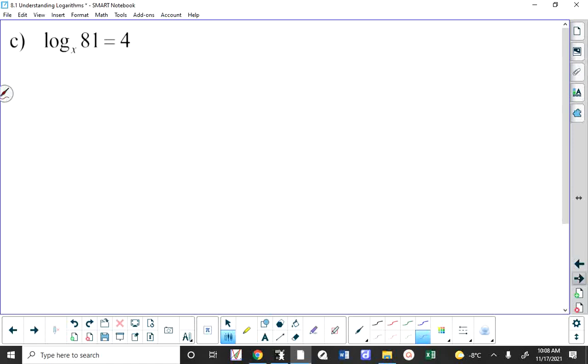This is saying, what do you raise to the 4 to get 81? And this is really a polynomial equation. And the answer is going to be 3, because the 4th root of 81 is 3.